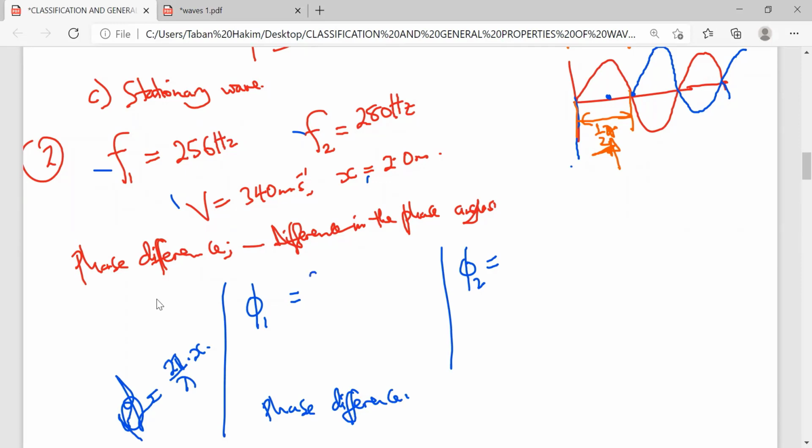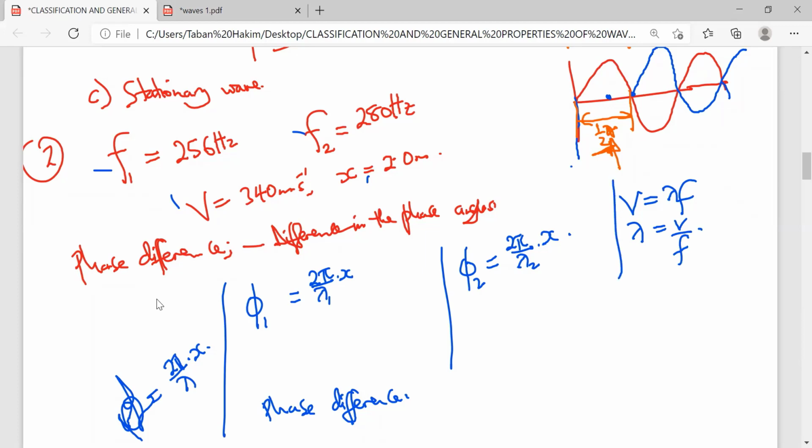Our phi 1 will be equal to 2 pi over lambda 1 times x. Our phi 2 will be equal to 2 pi over lambda 2 times x. Remember that our wave velocity is given by lambda f.